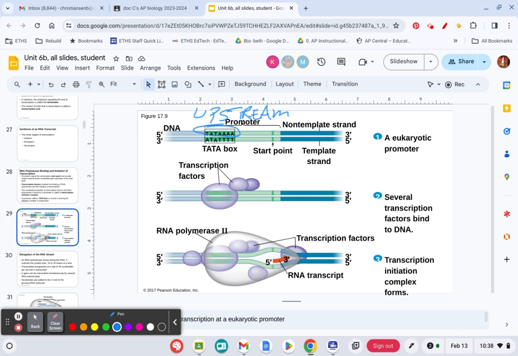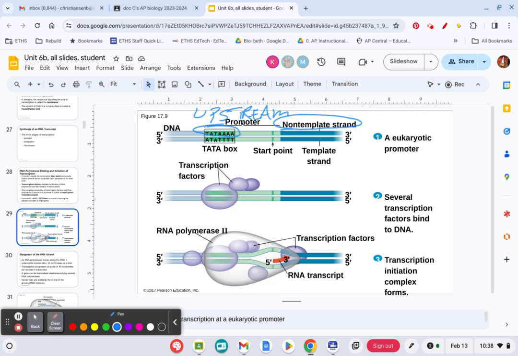And then I have my non-template or my coding strand. Okay. So it could be the top, it could be the bottom, depending on the enzyme that you're working with. It just depends. And also, obviously, the direction. So it's always got to go from 5 to 3.